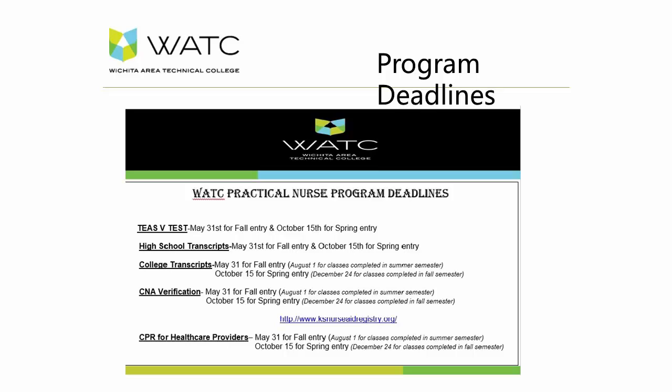The college transcripts are due October 15th for spring entry or December 24th if you're completing the prerequisites in the fall semester. CNA and CPR are both due May 31st or August 1st for fall entry and October 15th or December 24th for spring entry.